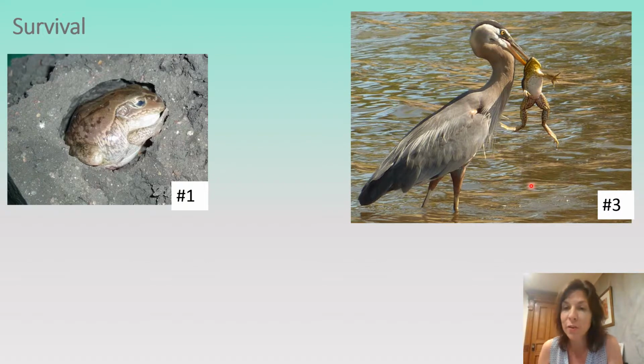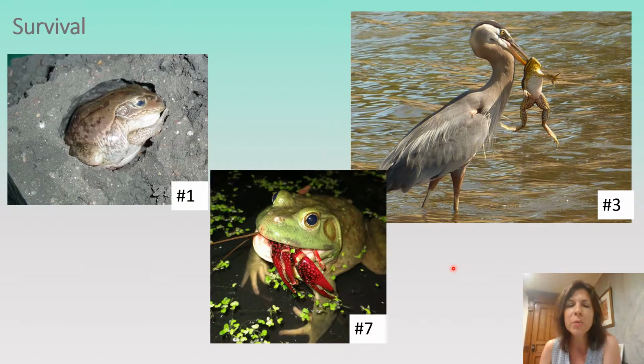And so now he's fighting for his survival. And then number 7 is the bullfrog eating a crayfish. So in this he is the prey, and in this picture he is the predator. Okay, and so kids might have discussed number 1. Maybe this is adaptation. Maybe he has learned how to bury himself in the mud to survive the winter, right?